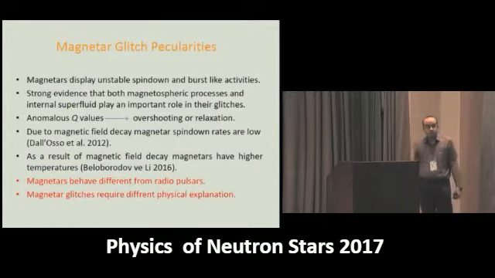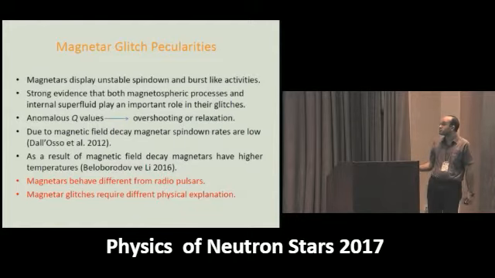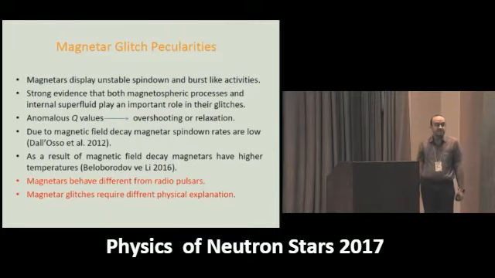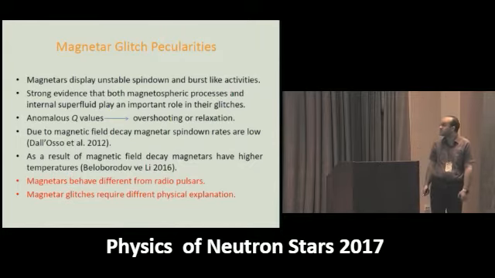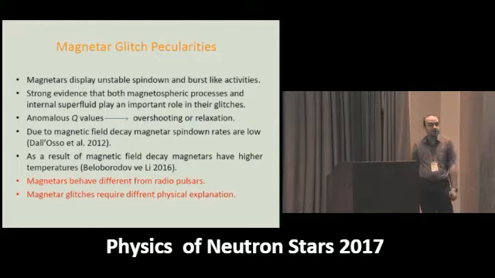I have also applied my model to the magnetars, but magnetar glitches have some peculiarities. First, magnetars do not have a stable spin down, and they show burst-like activities after the glitches. So there is strong evidence that magnetospheric processes play an important role along with the superfluid processes. They have anomalous Q values.